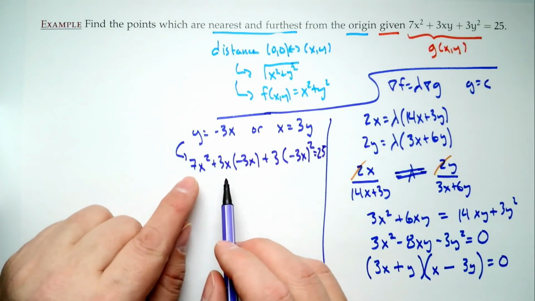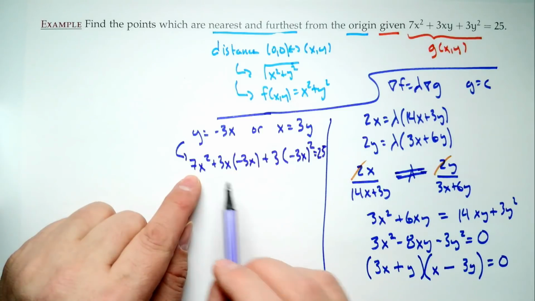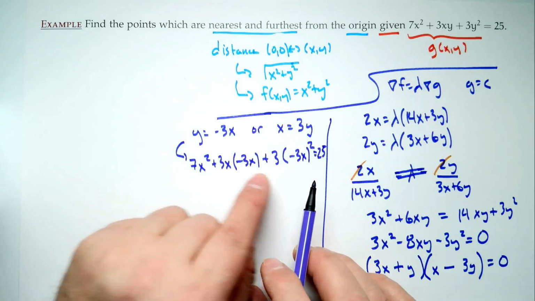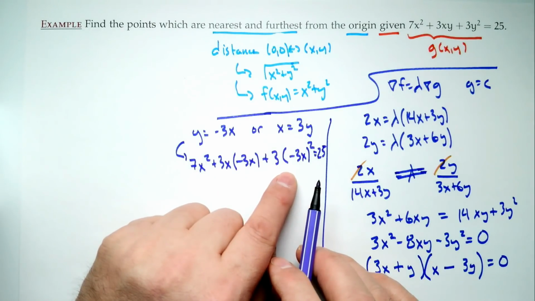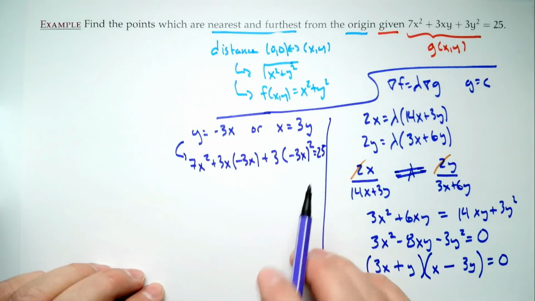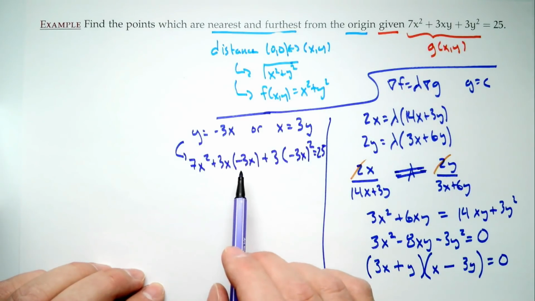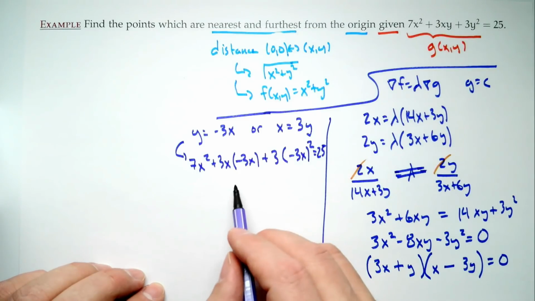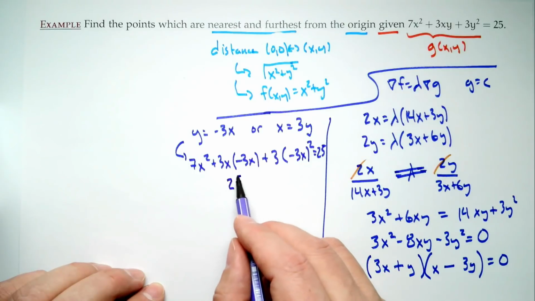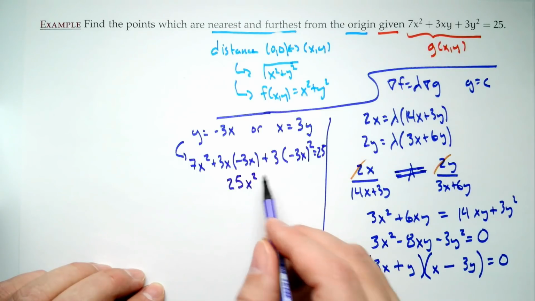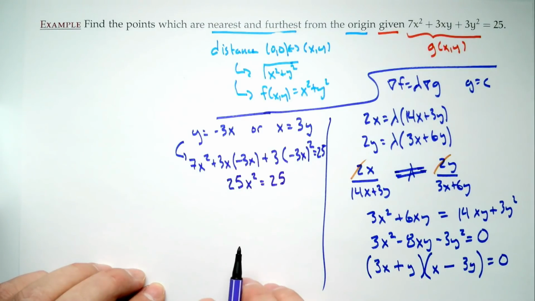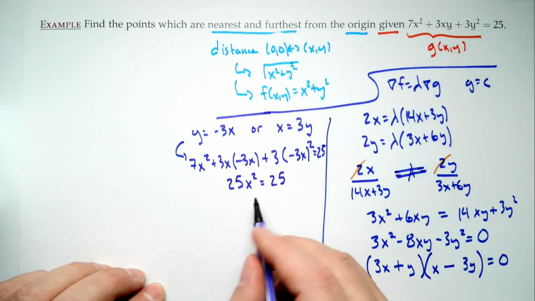Well, if we work our way through this, we have 7x squared minus 9x squared, and plus 27x squared. So 7 minus 9 plus 27 combine to give us 25x squared equals 25. What does that say about x squared?